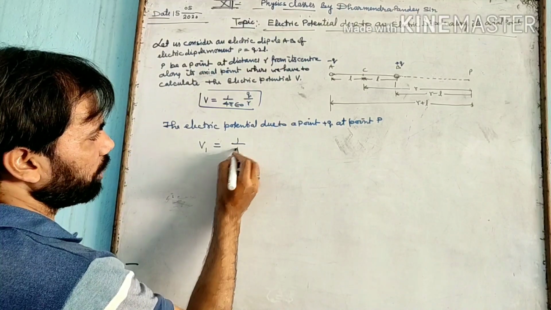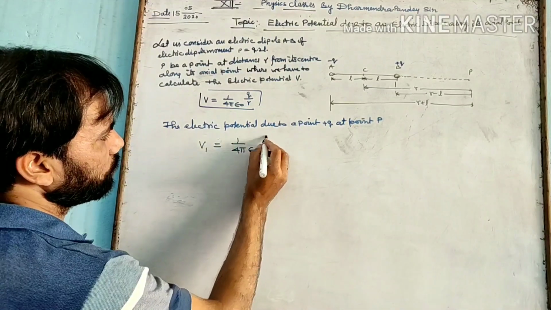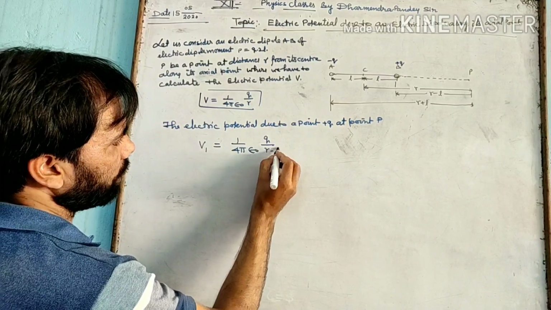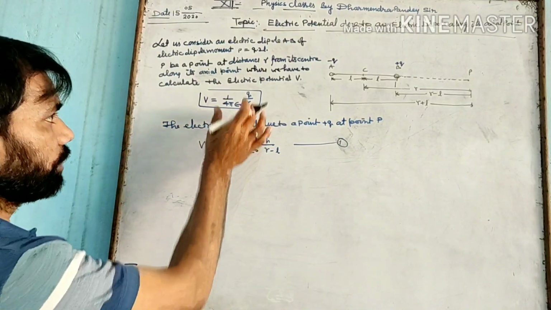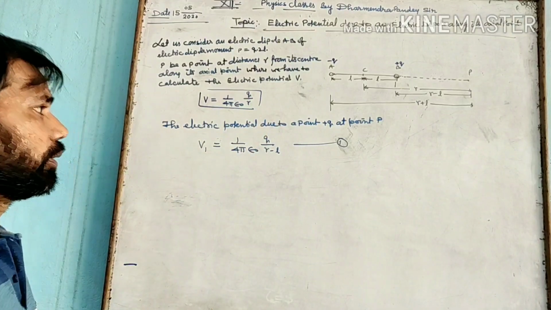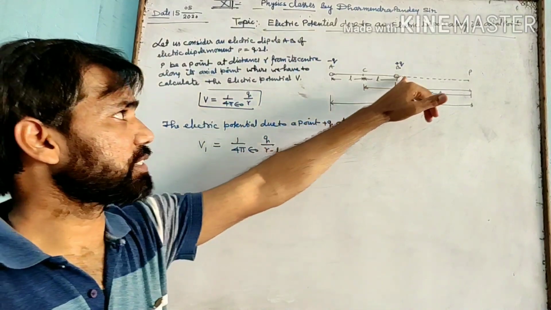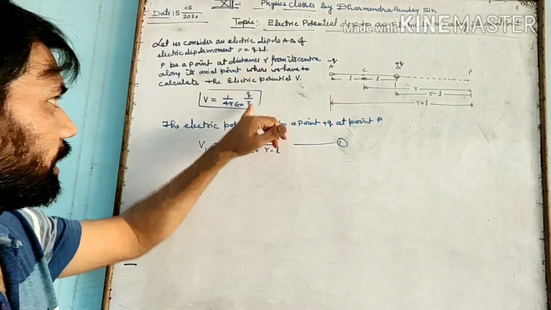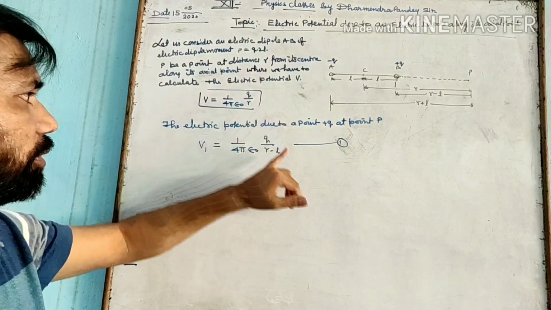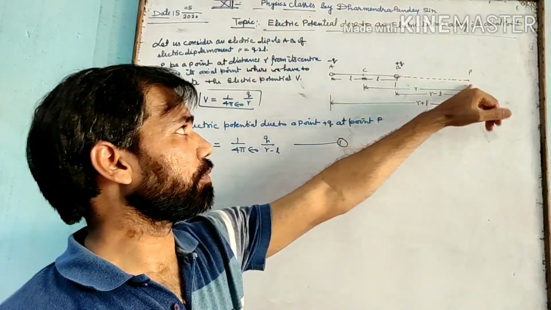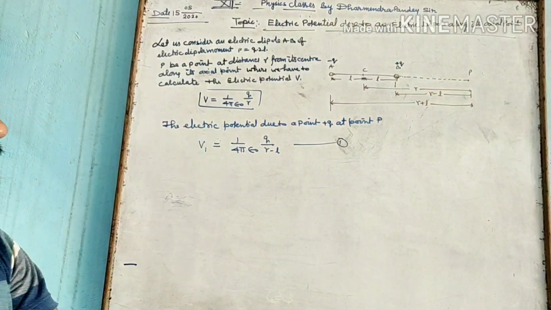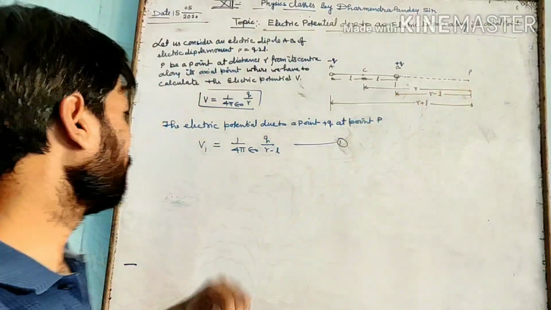It is equal to 1 upon 4 pi epsilon 0 times q upon r minus L. Let us write this as equation 1. As from this figure, q is the charge placed at B, and here we put r minus L. It is because the distance of point P from plus q charge is r minus L.